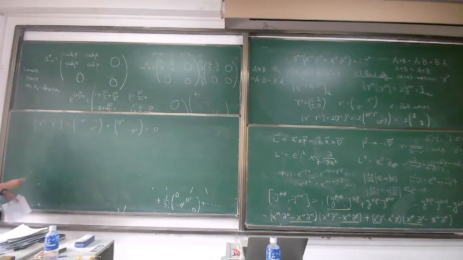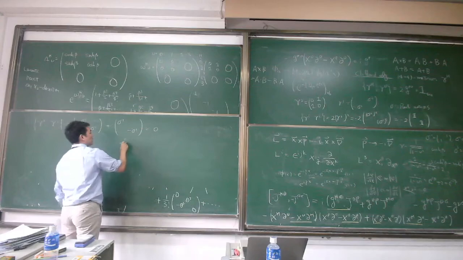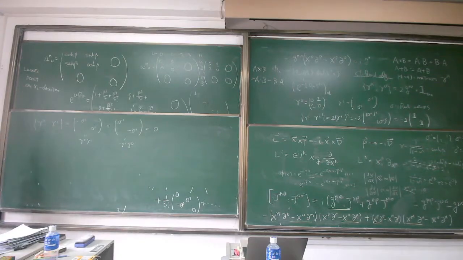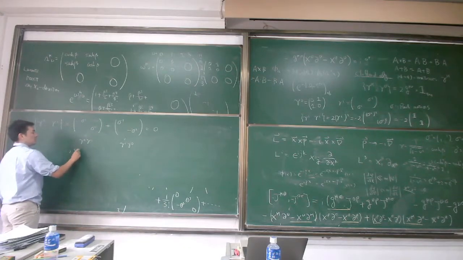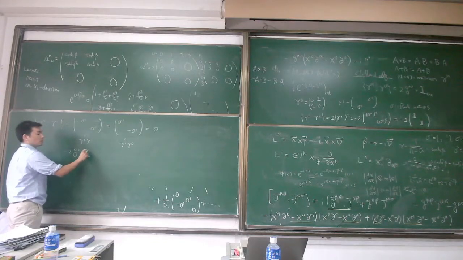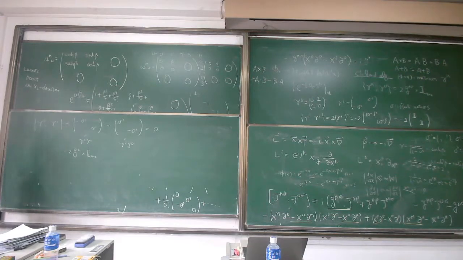So this is equal to gamma naught gamma I, gamma naught. Okay? Are you following? So therefore this is 0. Since 2 times gamma naught gamma I is equal to 0, that's how it's consistent. Okay? Do you agree? Like this way.